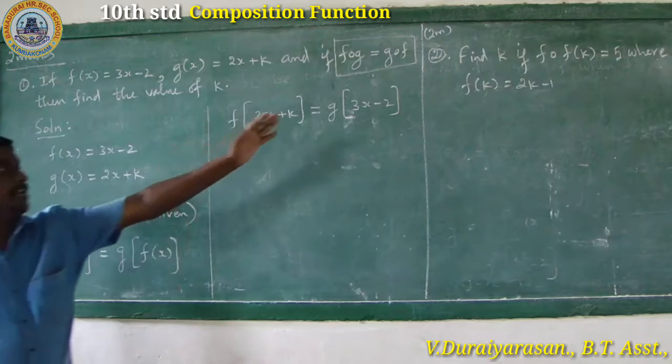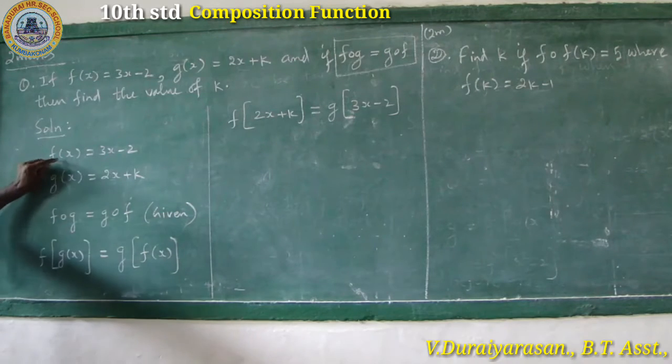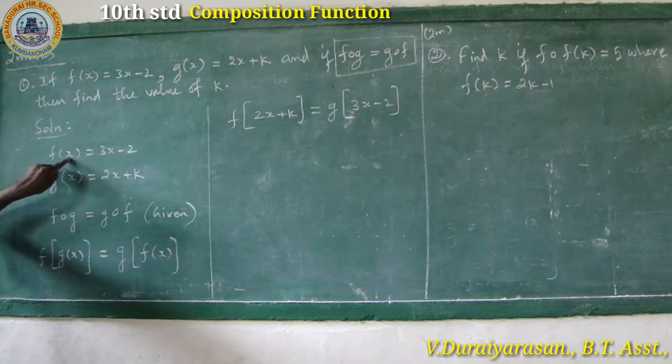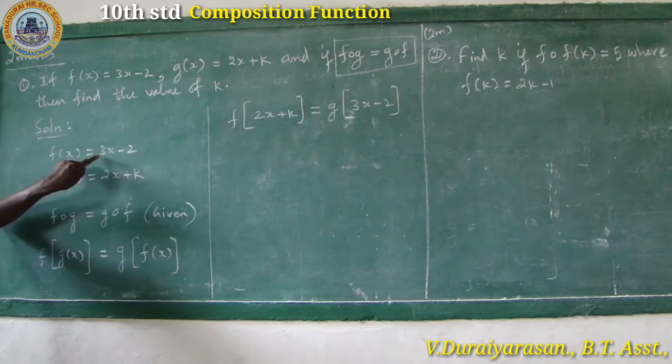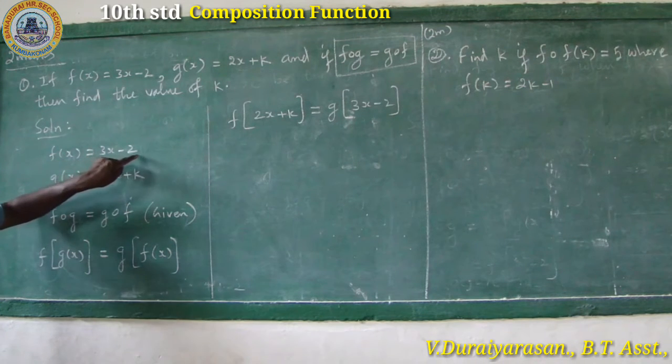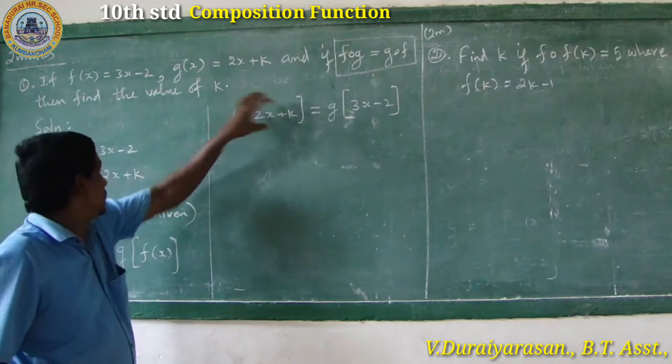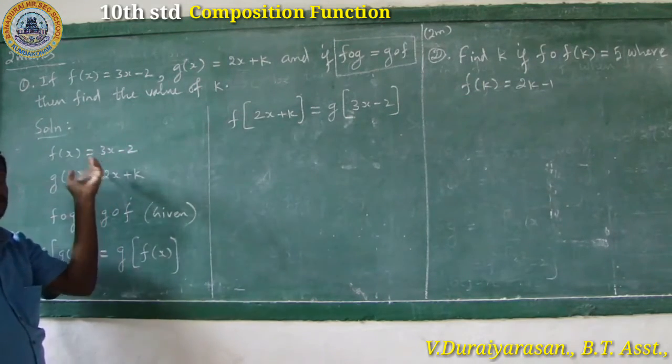Right, they are equal. How to define f of x? The function takes x, multiplies by 3 and subtracts 2.